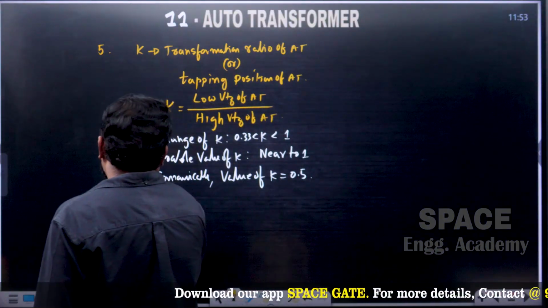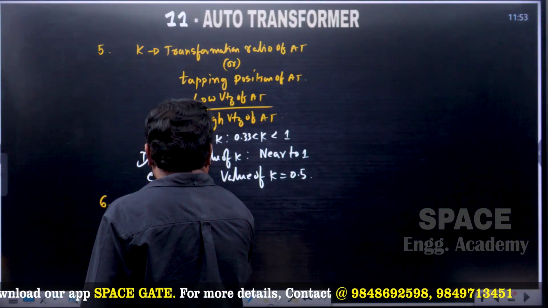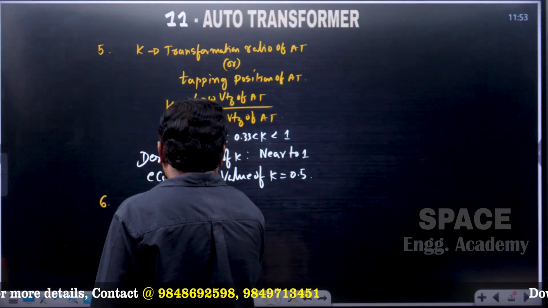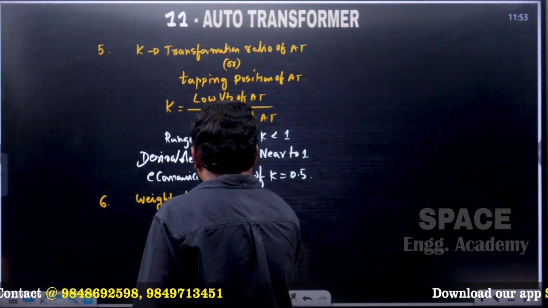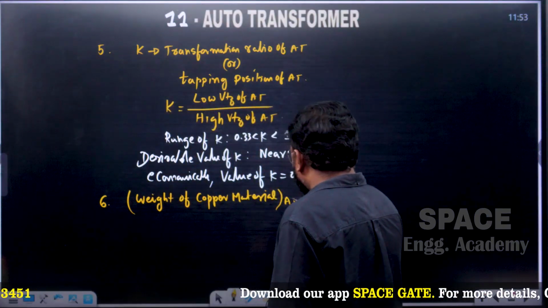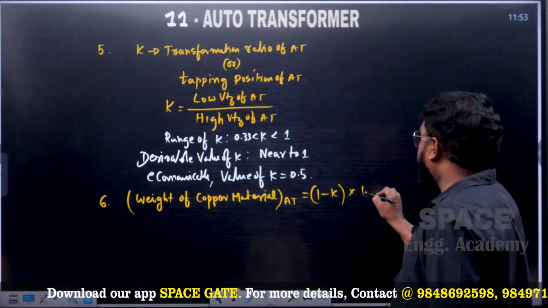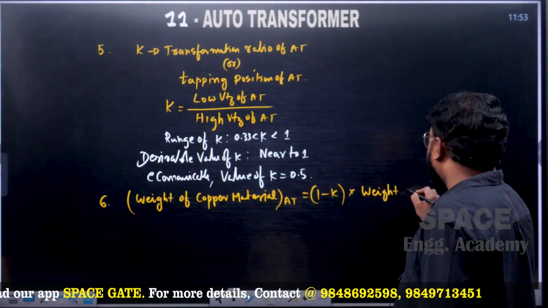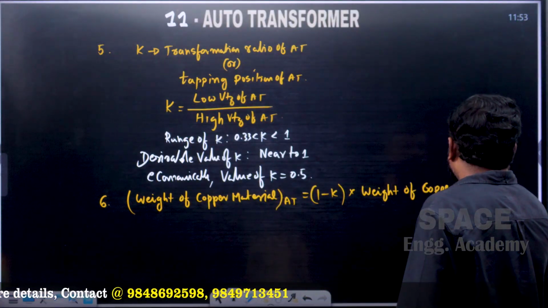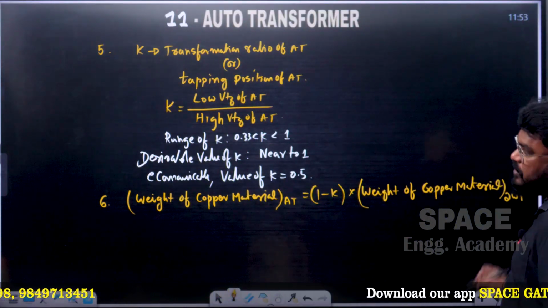So this weight of copper material in auto transformer is equal to 1 minus K times the weight of the copper material in the two winding transformer.